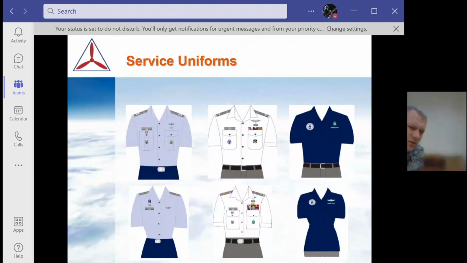The white one is the corporate aviator uniform. Can you wear the rank insignia with that one? Yes, we share the same rank insignia on the corporate and the Air Force style, because you earn second lieutenant, first lieutenant, or captain, et cetera. And you don't have any rank for that uniform. Correct.